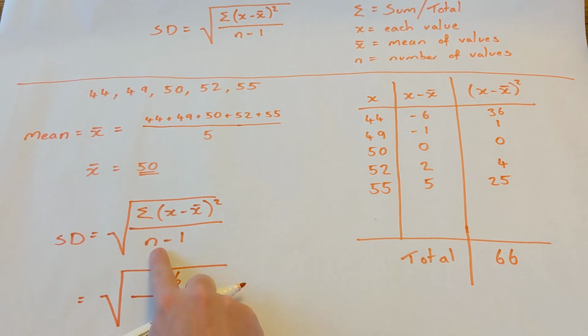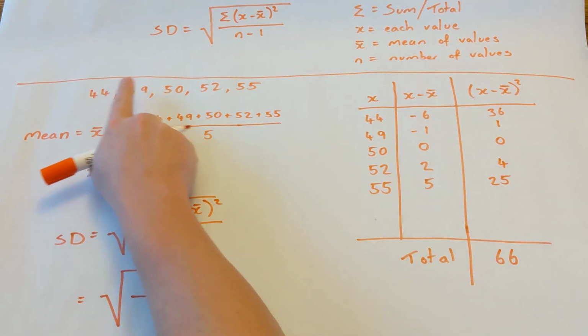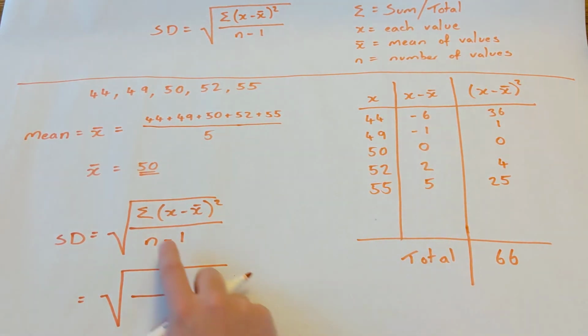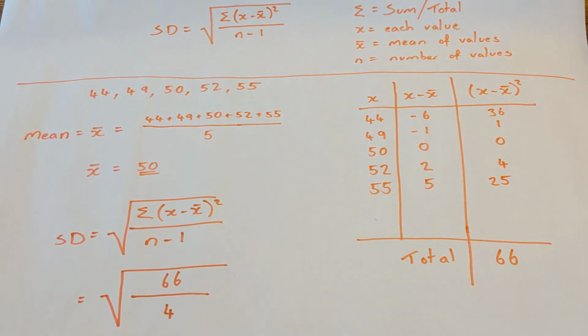Now remember, n, that's our number of values. So how many values did we have? We had 1, 2, 3, 4, 5. That's going to be 5 take away 1, which is 4. Again, we can do this on our calculator. So standard deviation is going to be the square root of 66 divided by 4, which is 16.5.